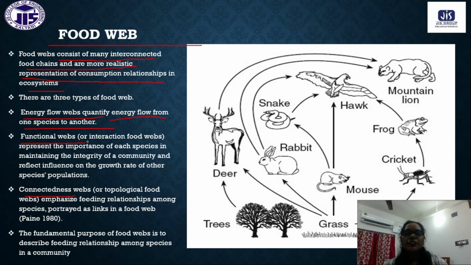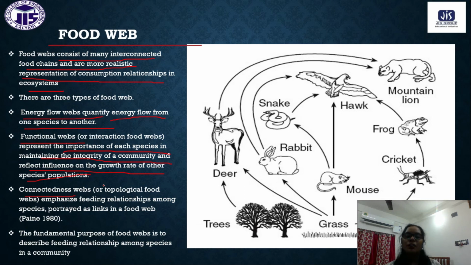Functional webs represent the importance of each species in maintaining the integrity of the community and reflect the influence on the growth rate of the species population. So a functional web explains the importance of the individual in the community.